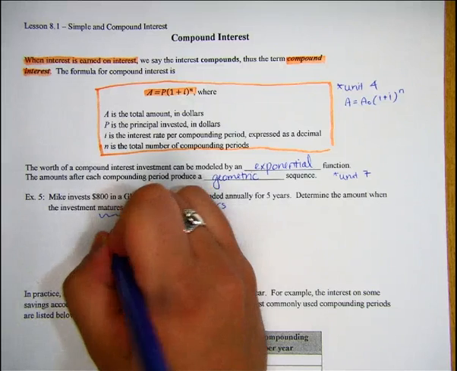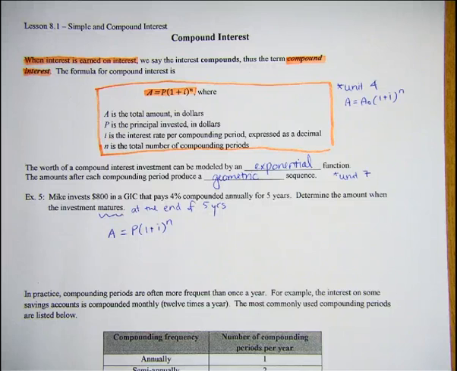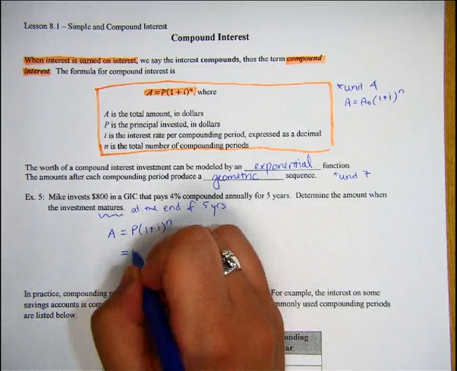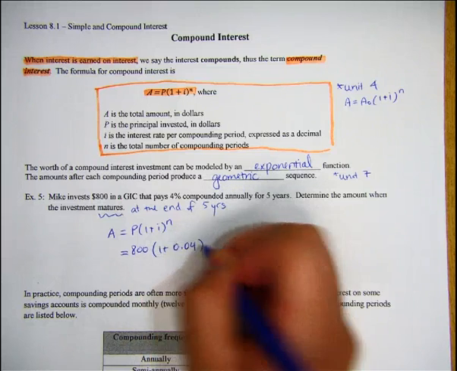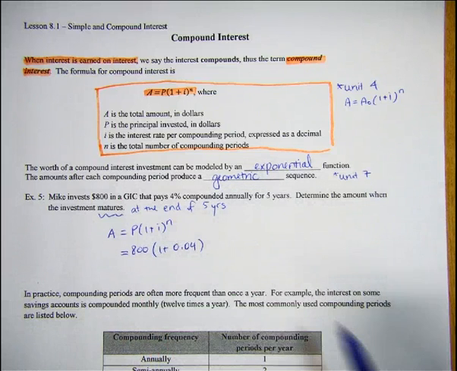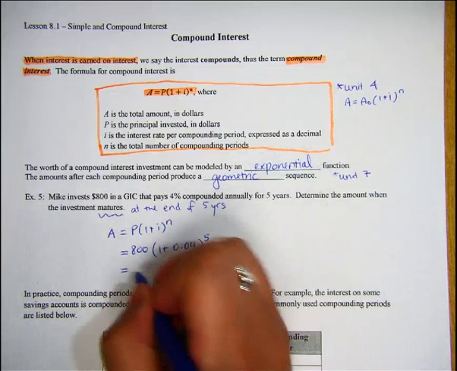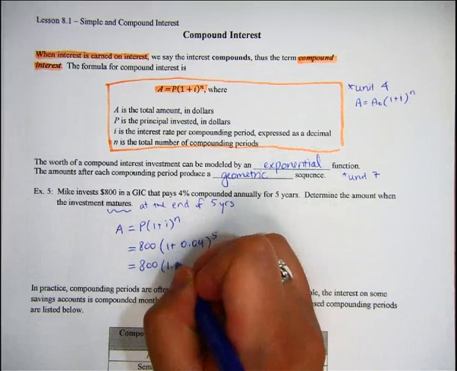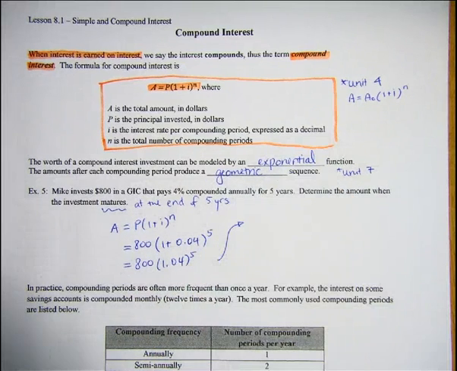So I'm going to use the compound interest formula. A equals P(1 + i) to the exponent n. So P is $800. 1 plus i, as a decimal, 4% as a decimal, 0.04, to the exponent 5. If you want, you can write this step and then give the final calculation value.